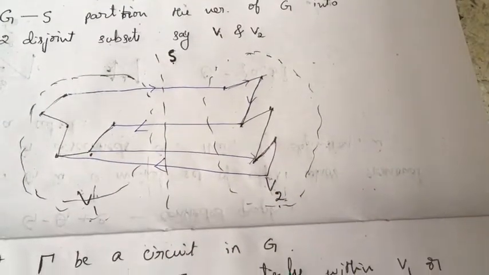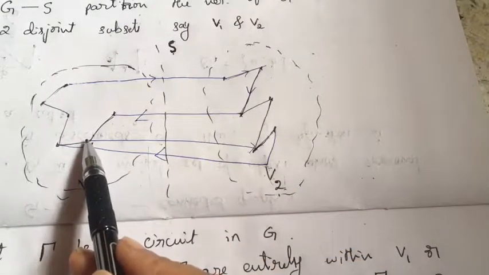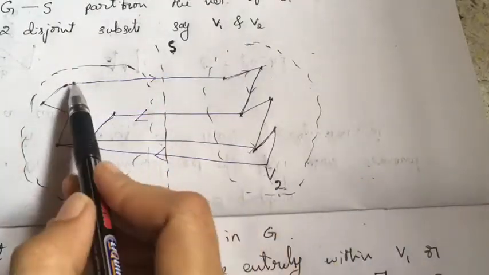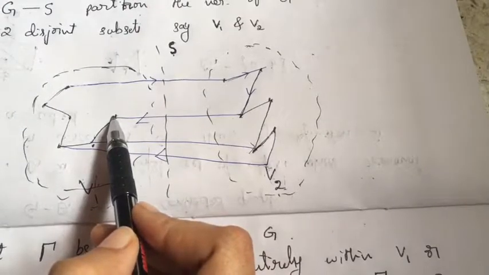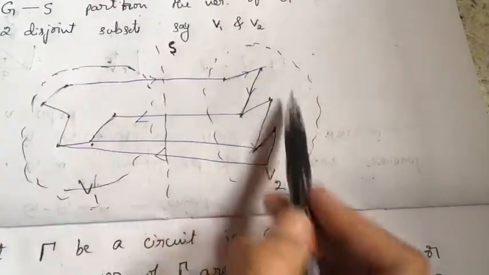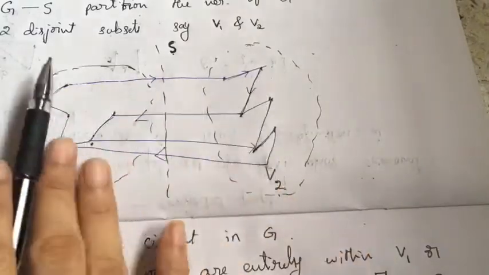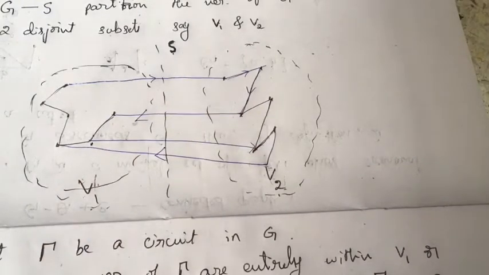So by the closed nature of the circuit, the number of edges we traverse between V1 and V2 is even. Every time I go like this, I should come back to have a circuit. This is just because of the closed nature of a circuit. The number of edges we traverse between V1 and V2 must be even.